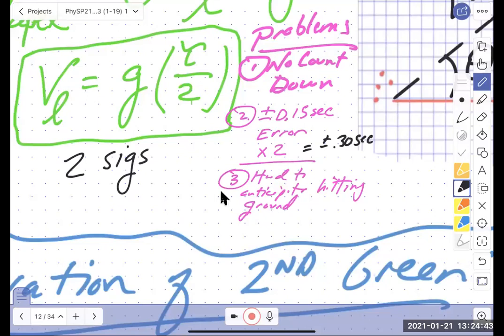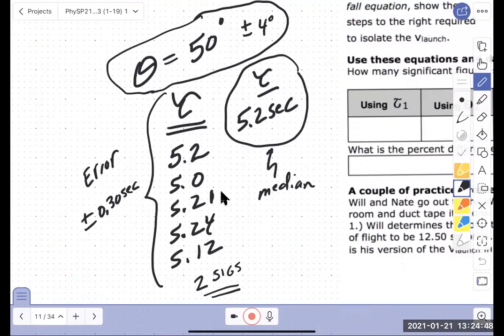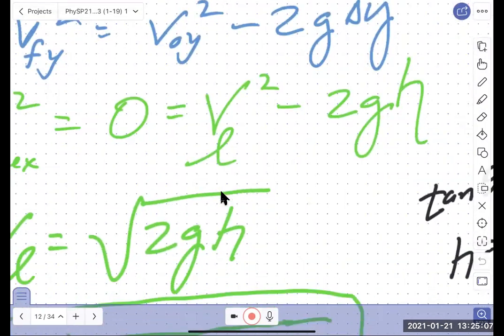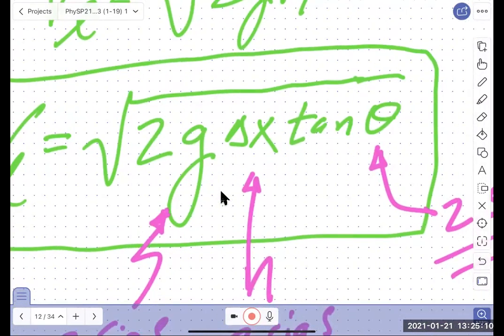Okay, so punch in, once again, the median time of 5.2 seconds. So punch 5.2 seconds in for this. And now, wait a minute. Don't use 9.81 for your g. It wouldn't hurt here, except that I want to use both methods. Because we used 100 feet here for our delta x, we have to do this in English units, and that's 100 plus or minus 1 foot.